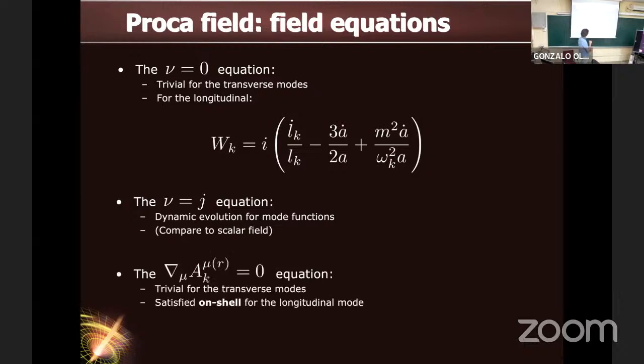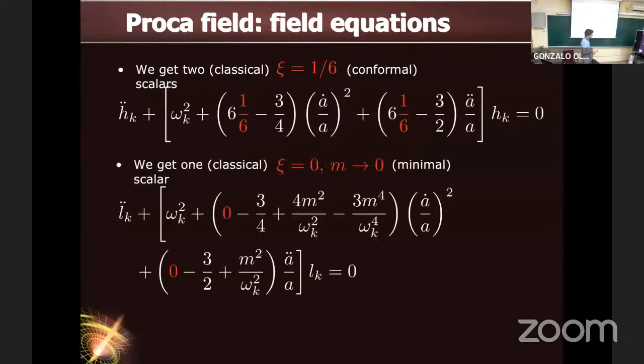And this constraint is just dependent on the other two, so nothing really happens, but it's just trivial for the transverse modes and is satisfied on shell for the longitudinal degree. So for the transverse one, we have this equation of motion, which is just the way a scalar field of chi equals 1/6 will behave.